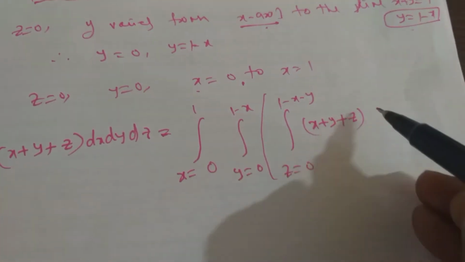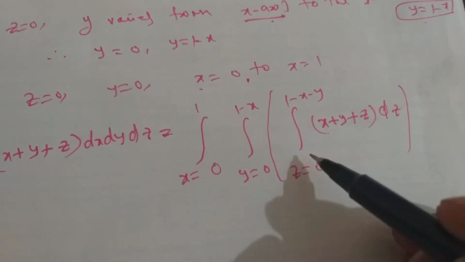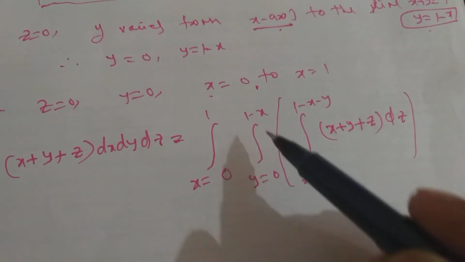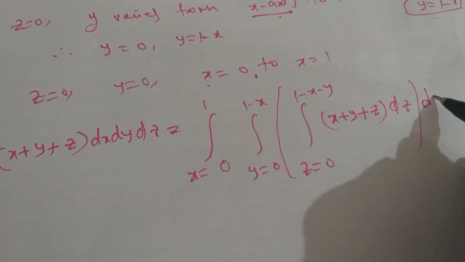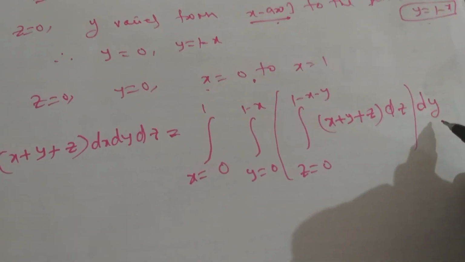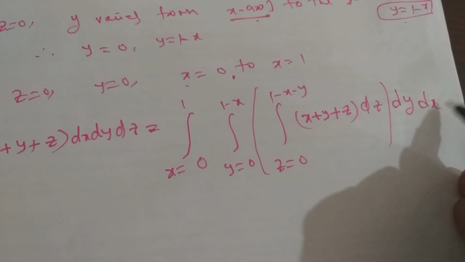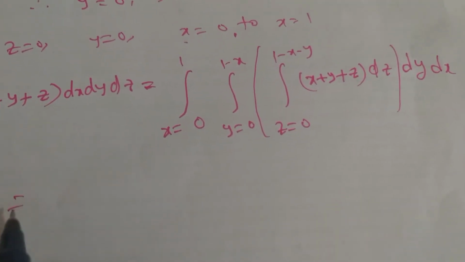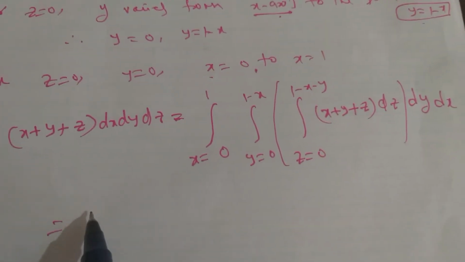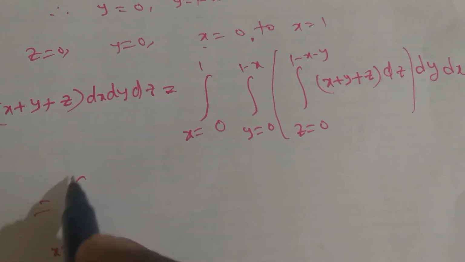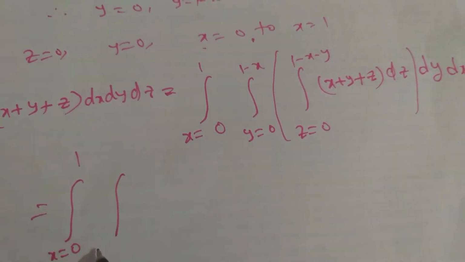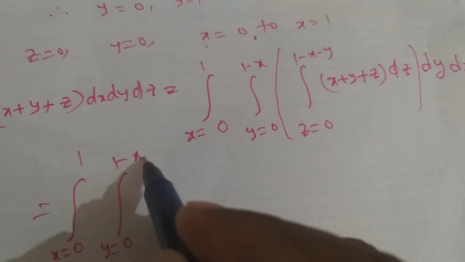Integrating with respect to z first because z limits are functions of x and y, and y limits are functions of x, so second integration is with respect to y and last is with respect to x. So let us see the integration.